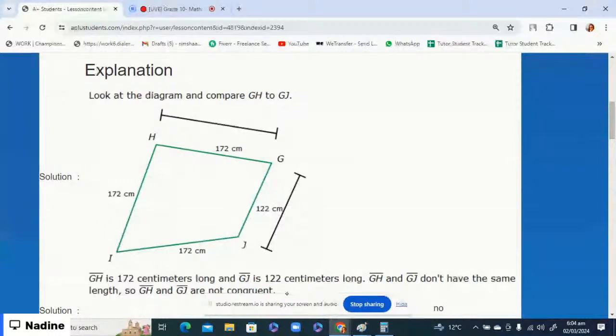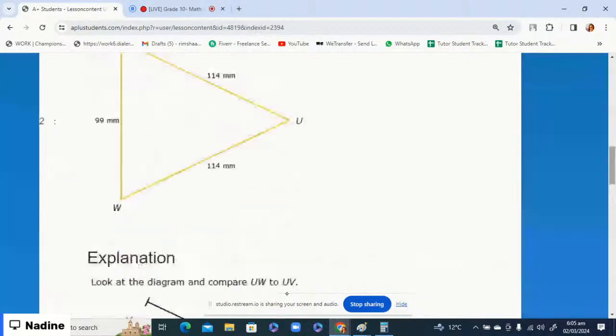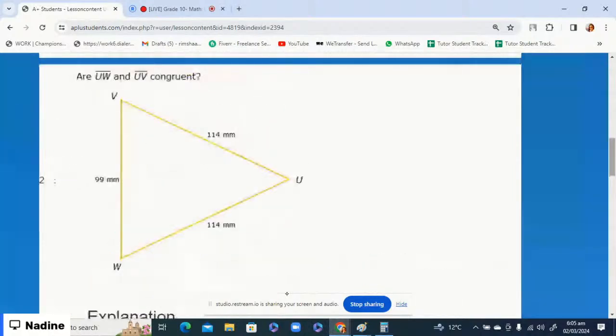No, the length of each is different. This is 172, this is 122. So are they congruent? No, they are not congruent because GH is longer than GJ. For congruency, they must have the same shape and the same size, but there is no same length, so we can say that these are not congruent. Hope you understand this one. Now let's do the next one.